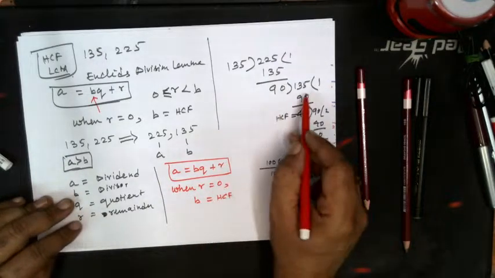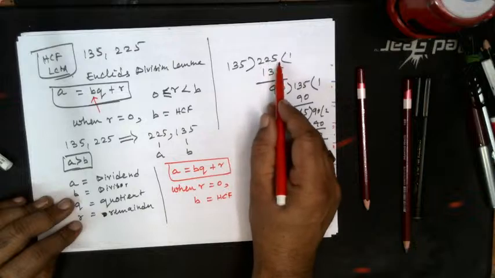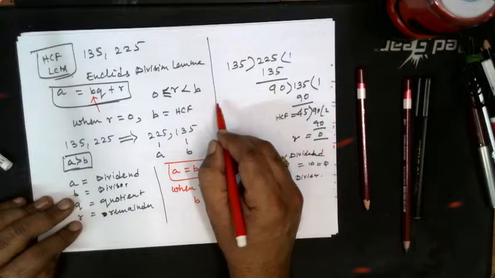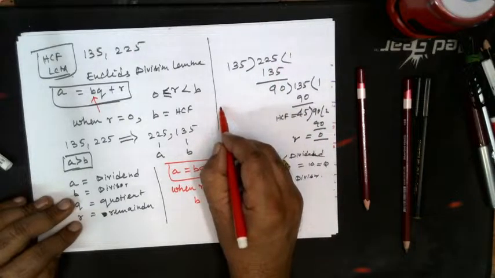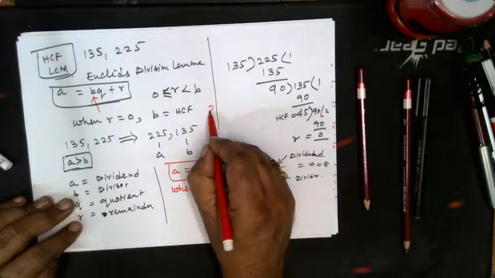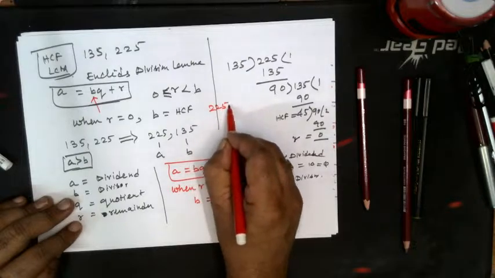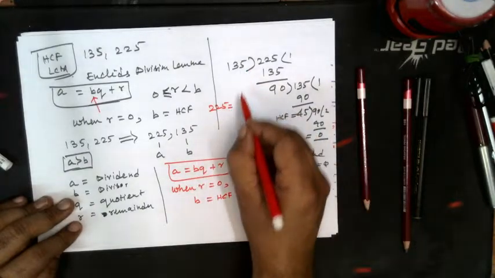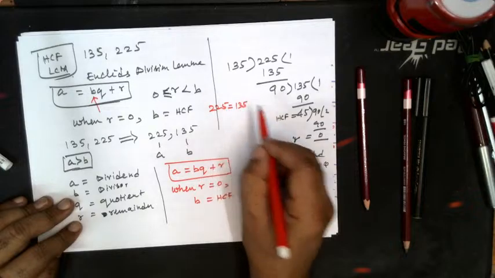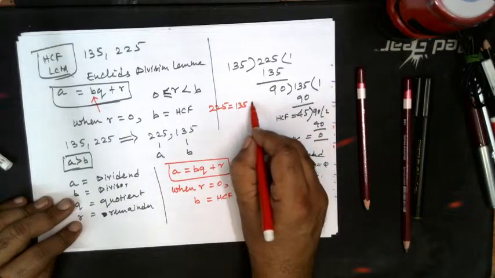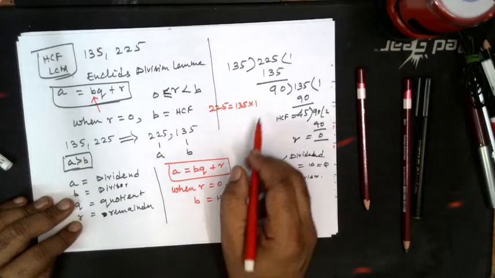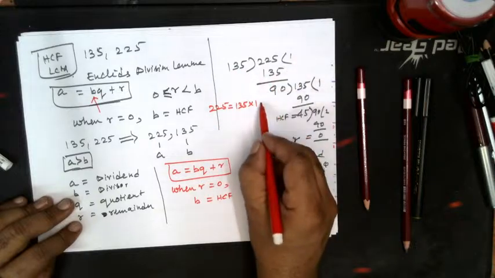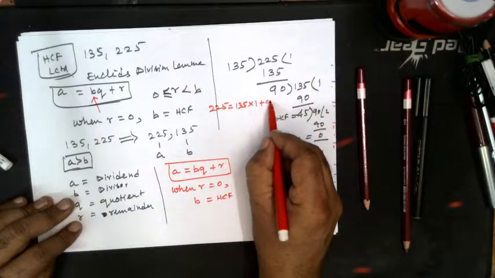We have got already this one, 225, so we will do one by one. A is equal to BQ plus R. What is A here? 225 is equal to 135 into 1 plus 90. This is the first stage.